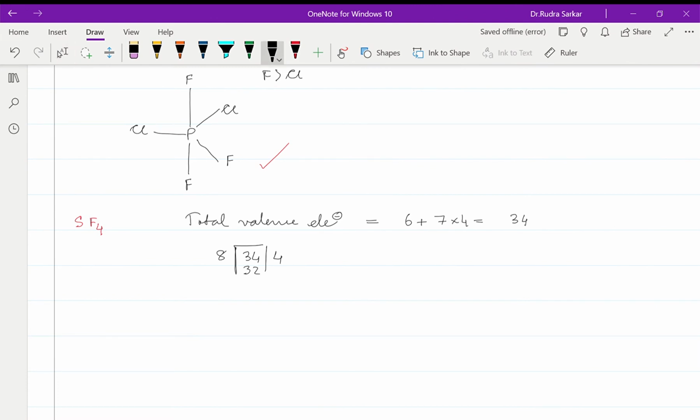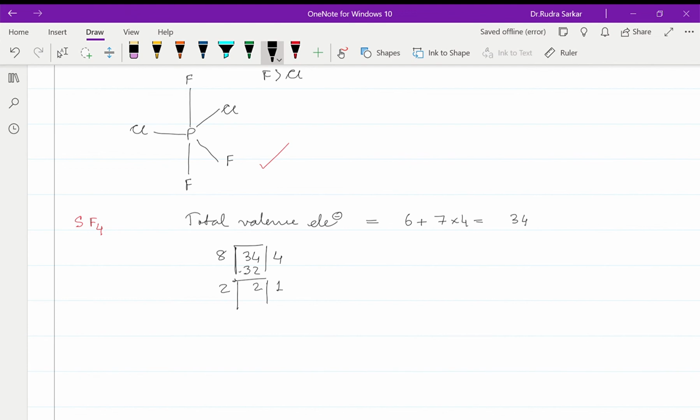The quotient will be 4, so we have the number 32. If you subtract this, then we have 2 electrons, and the remainder has to be divided by 2, that is the rule, and so we have another quotient which is 1.